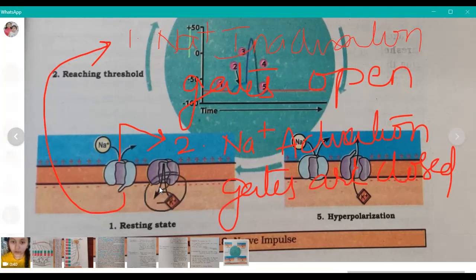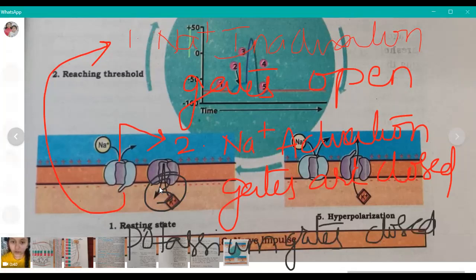Potassium gates are closed. So sodium inactivation gates are open, sodium activation gates are closed, and potassium gates are closed. That is the condition in resting state.